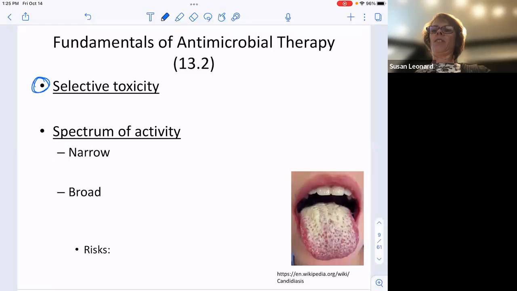In other words, does the drug target pathways or structures that the host lacks?